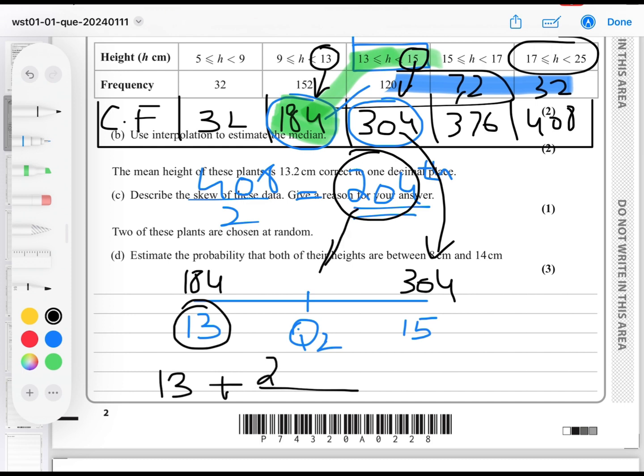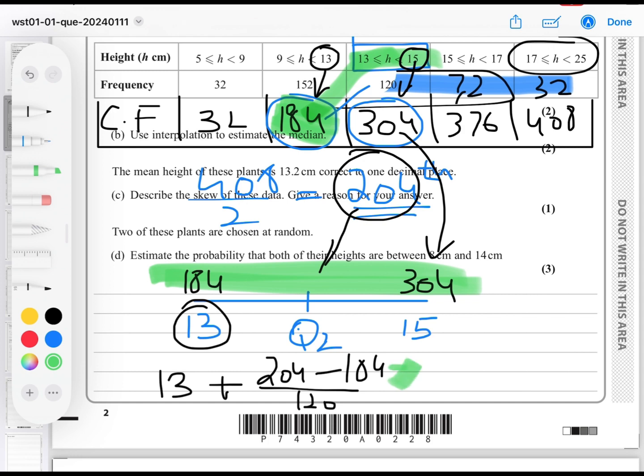So now I will use 204 minus 184 upon 120. What is 120? 120 is the difference of these two, into the difference of this 15 minus 13, equals Q2.